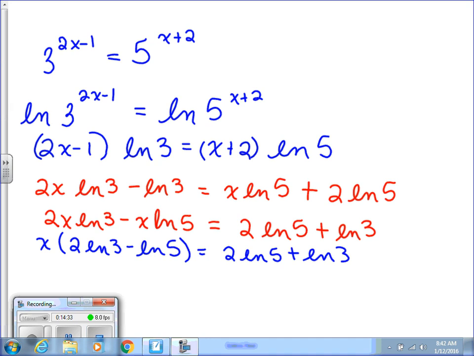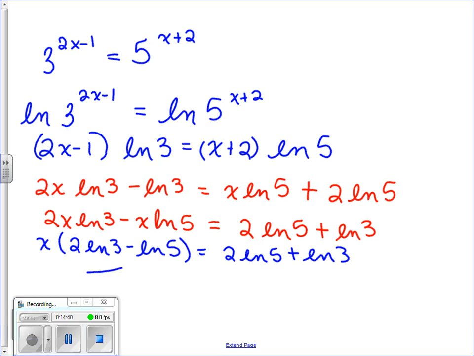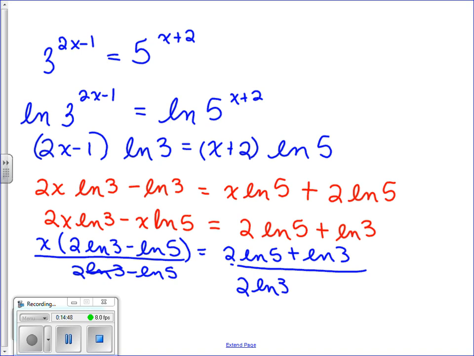There's just one x sitting here by itself. That one x, and I can just divide that. Ooh, look at that. And x will equal whatever this is.